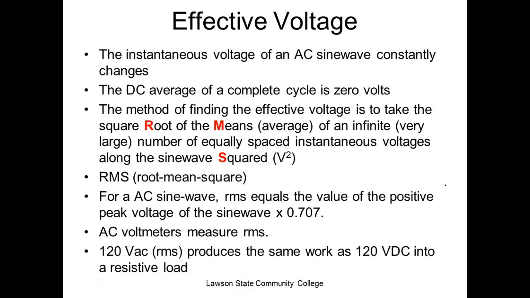And this is something people don't understand too. The instantaneous voltage of an AC sine wave constantly changes. The DC average of a complete cycle is equal to what? A lot of people don't understand this. So I'm going to take my meter, put it on AC volts, 200 volts, turn it on, and put it into this outlet over here.